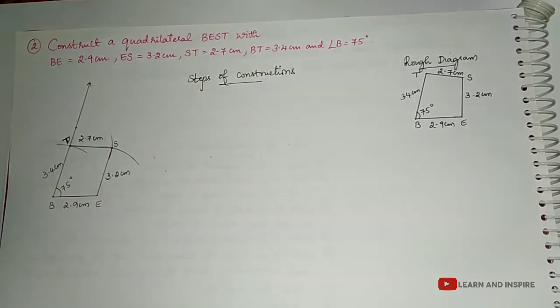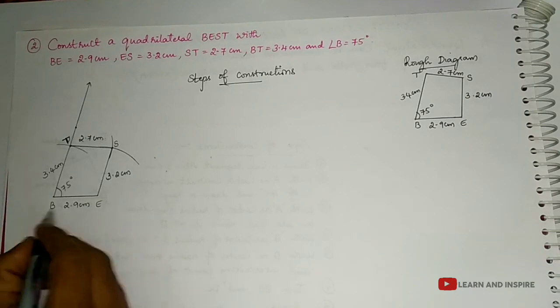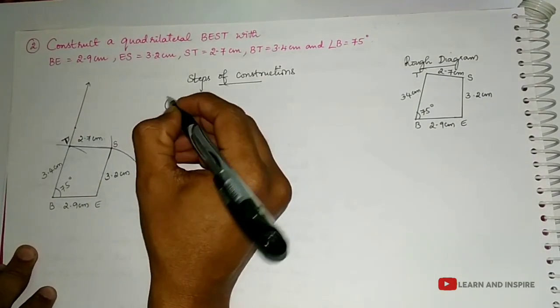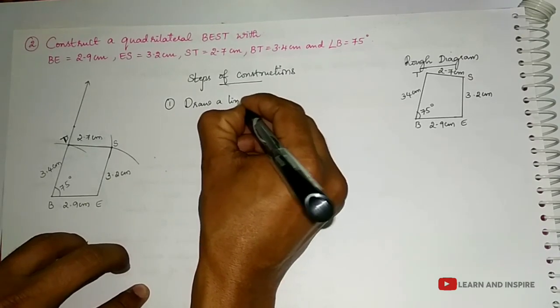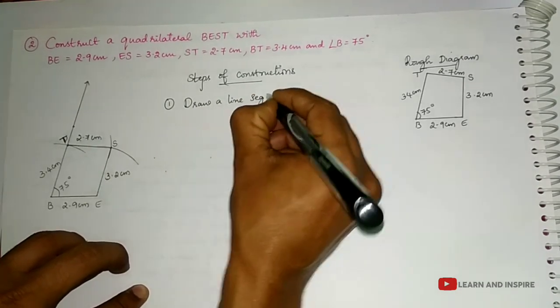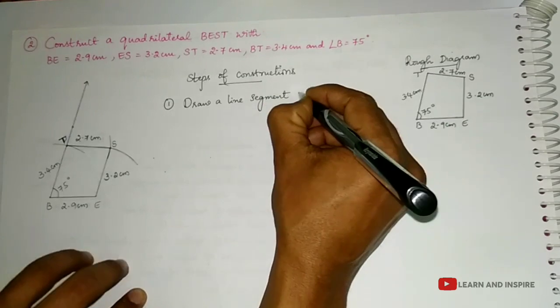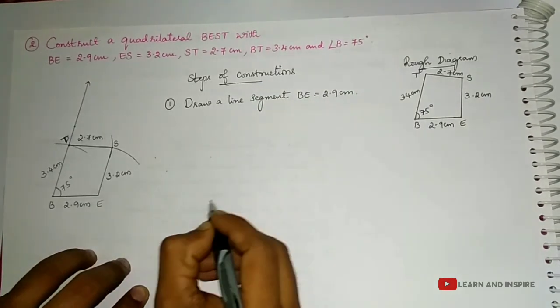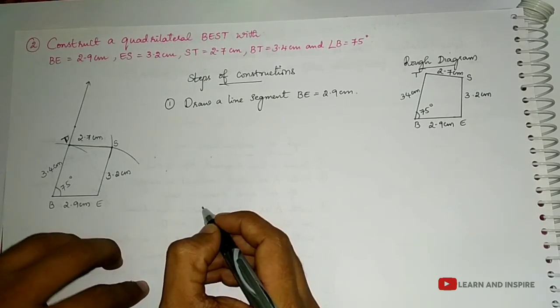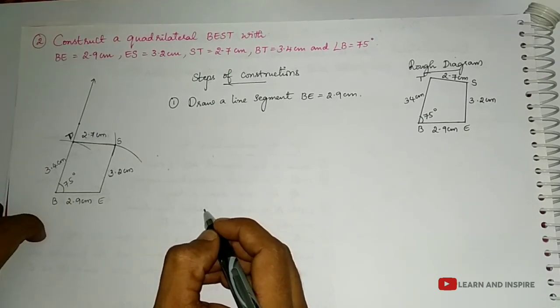So what is step 1? Step 1 is draw a line segment BE equals 2.9 centimeters. Now what is step 2?